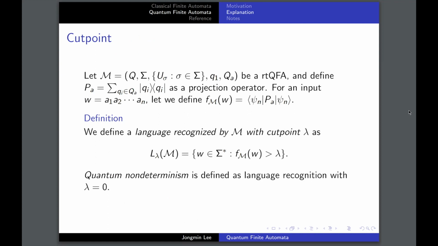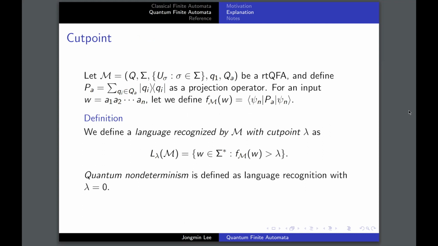And we need to slightly change the language definition, since it accepts a state with some probability that cannot be one. So there are cut points.